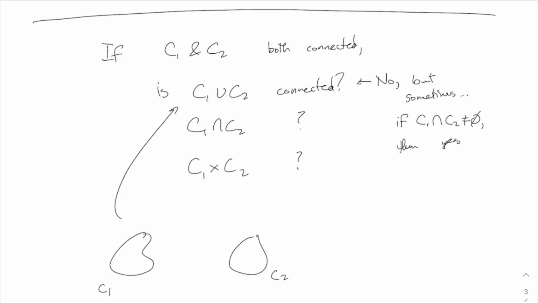And I think I agree. Actually, that's a theorem that we will demonstrate in a moment. It's not hard. Think about the other two. I'll give you a few minutes to think about intersections and also products.